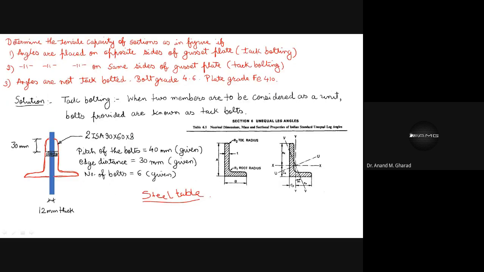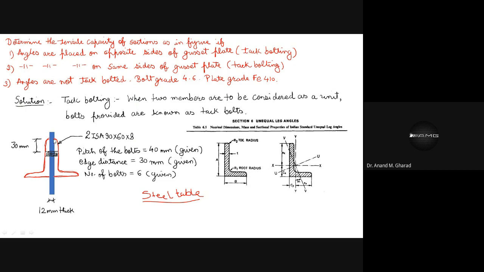There is some very minor difference in the values between the steel table and IS 808, so it won't matter much. You can consider the values from either. But whenever you refer to the values, you are supposed to mention that this value has been considered from the steel table or IS 808, whichever it may be.